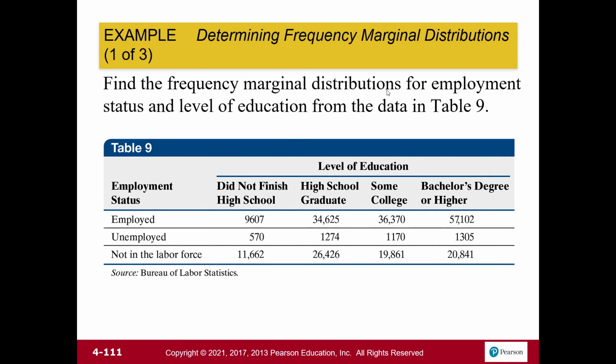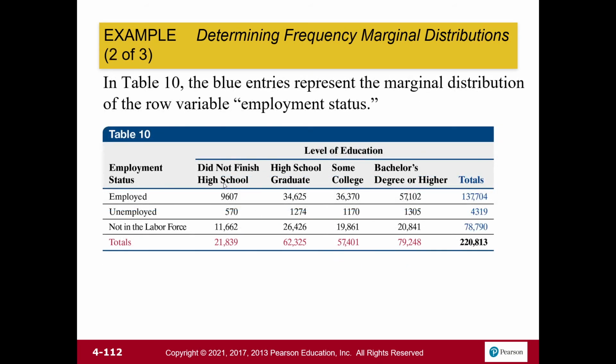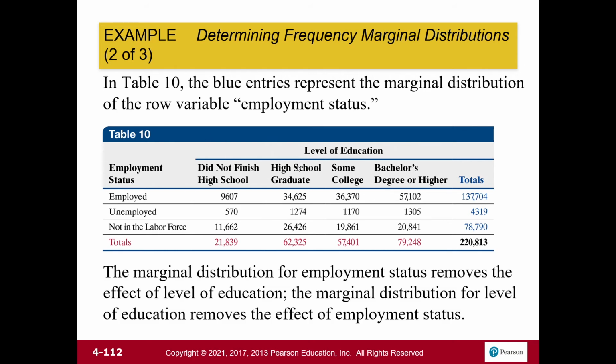So we're looking at employment status and the level of education, and we're going to calculate the totals. The blue entries on the right side represent the marginal distribution of the row variable, employment status. And the red represents the levels of education.